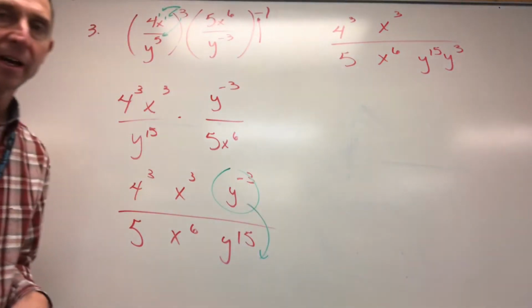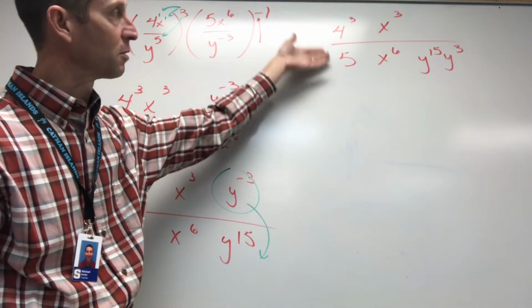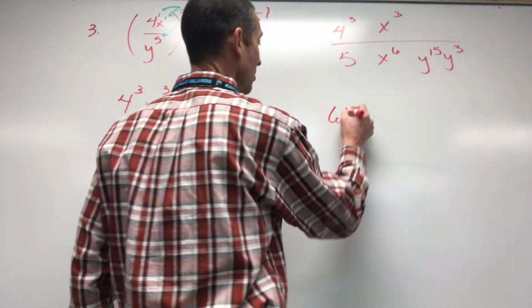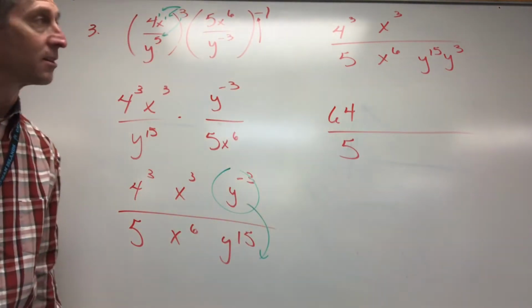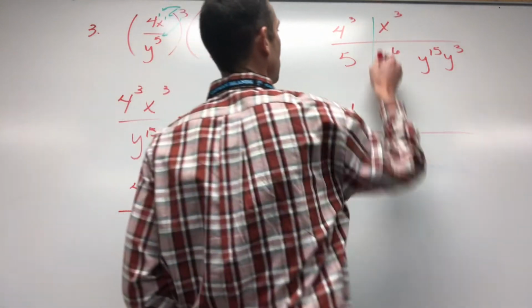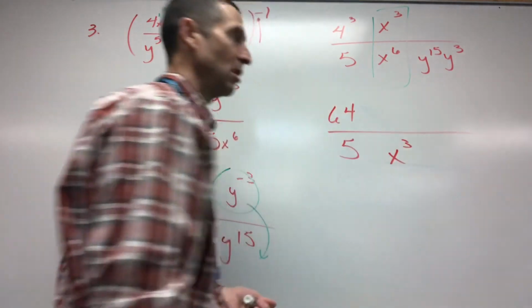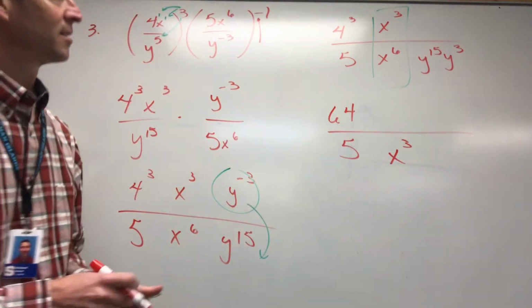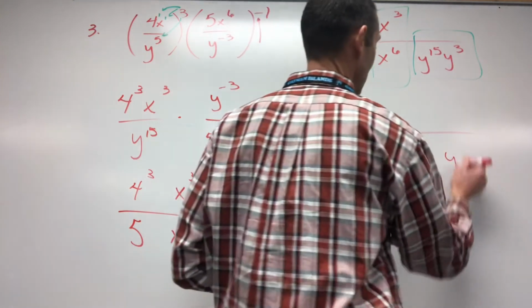So now what I've got is 3 little bitty math problems. I can take 4 to the 3rd over 5, that's 64 over 5. Well, that's not going anywhere. My x's, I've got top, bottom. I can do a little bit of math right here. So that's going to give me 3 x's left over. And then I've got side by side, I can add those.